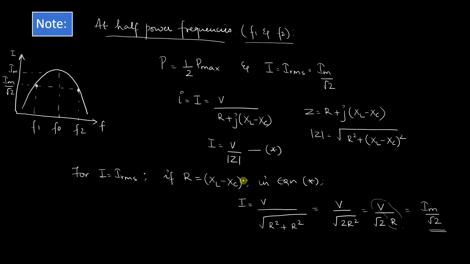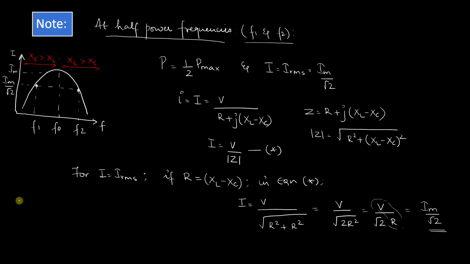Okay. Now we are looking into the graph where we have the half power frequencies, F1 and F2. In this particular region, the circuit will behave more like a capacitive circuit because XC is greater than XL, and in this region the circuit behaves more like an inductor, so XL is greater than XC.